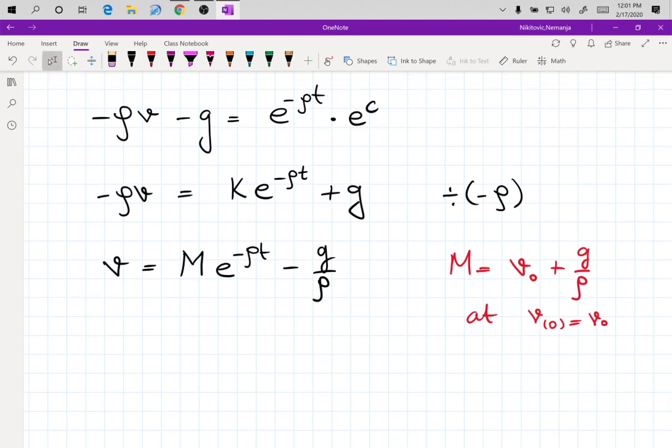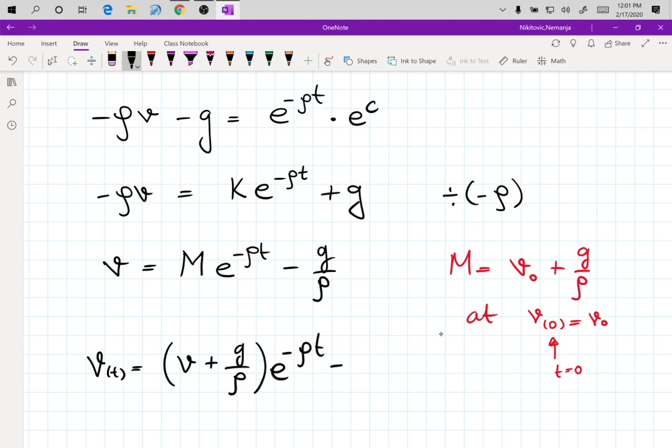This 0 here means t equals 0, that's the initial condition. If you use that in that equation, you will get that m is given by v0 plus g over rho, and this gives you the equation for velocity as v0 plus g over rho times e to the negative rho t minus g over rho.